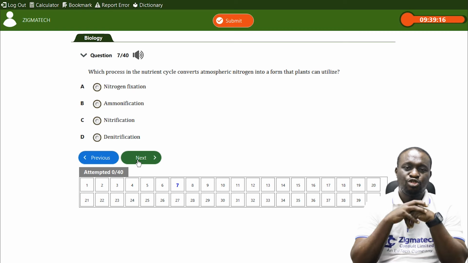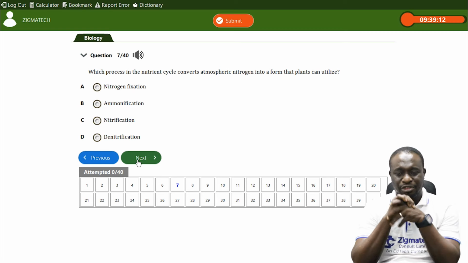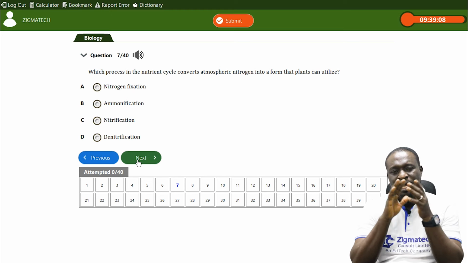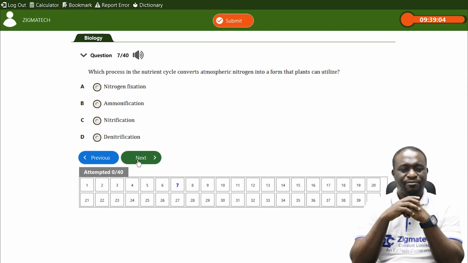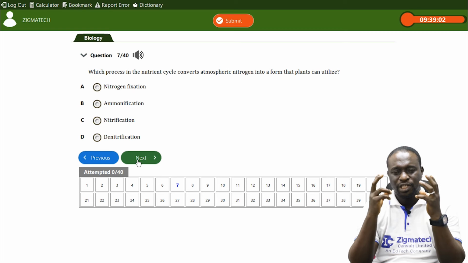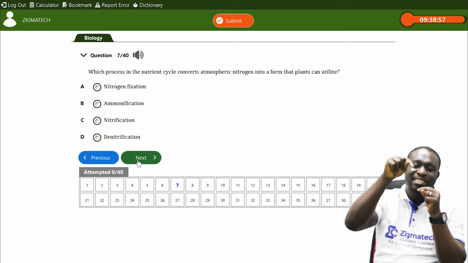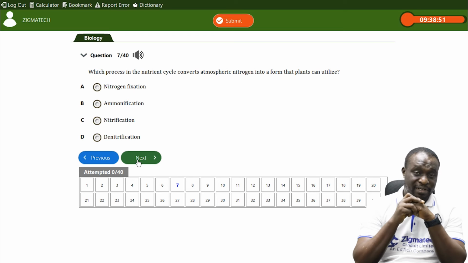Option A says nitrogen fixation. Option B says ammonification. Option C says nitrification. And option D says denitrification. Now, if you look at nitrogen fixation, it is actually a process by which atmospheric nitrogen is fixed into the plant or into the soil. They are usually carried out by bacteria.